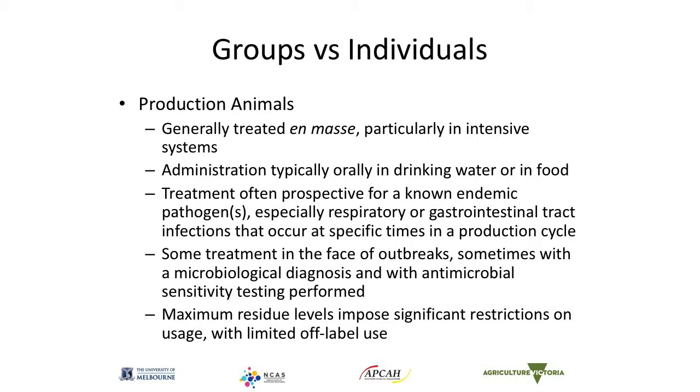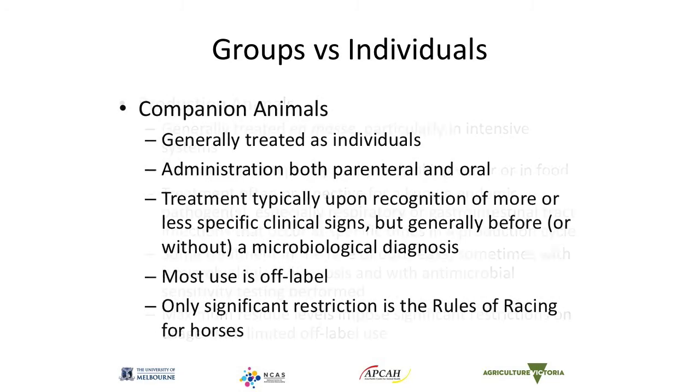We do have some restrictions on our use of antimicrobials in production animals, principally the maximum residue levels, which impose significant restrictions on usage and particularly limit off-label use. In contrast, in companion animals, we generally treat them as individuals.